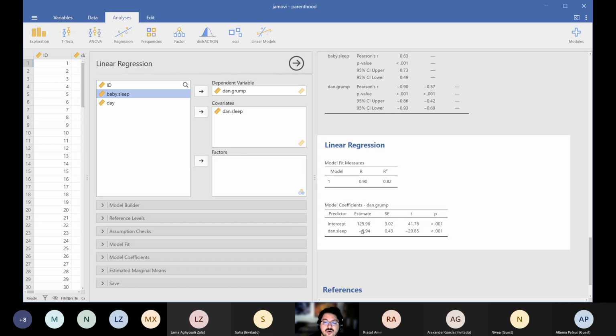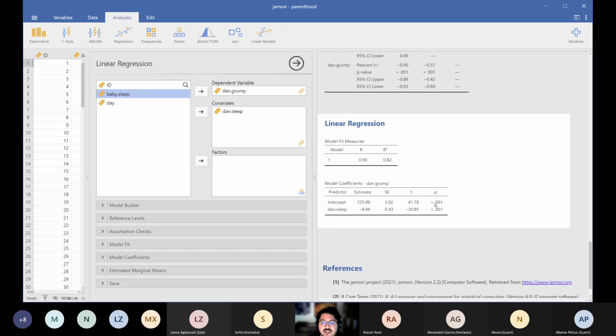This slope is negative: the less sleep, the more grumpy this person is. We saw that on the correlation in the scatter plots part.